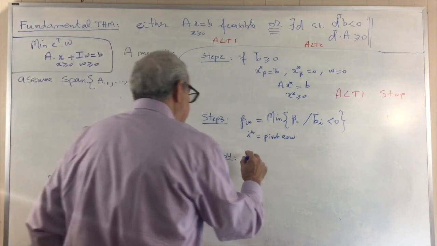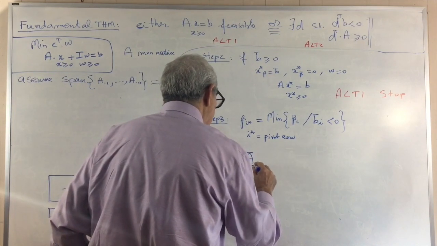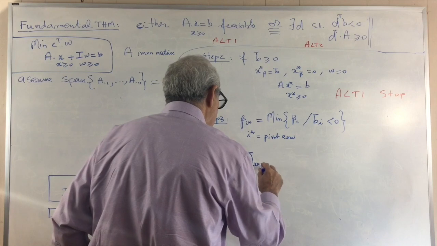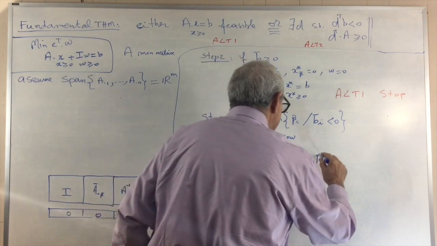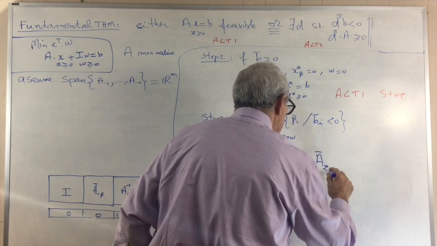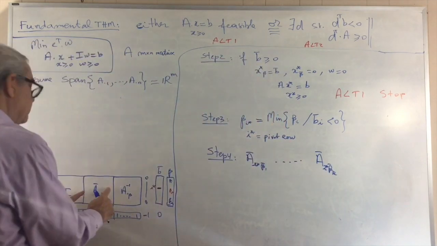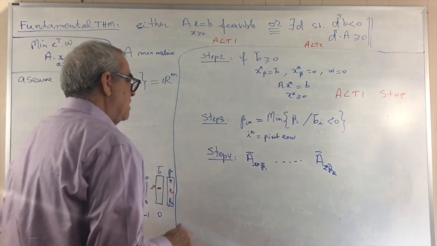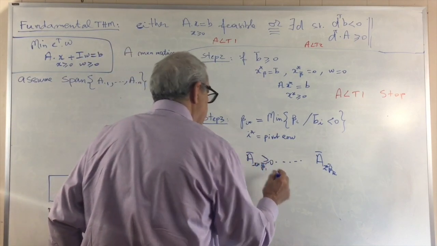So it's A dot, okay, so this is the ith row right here. And let's assume that all these are greater or equal to 0.